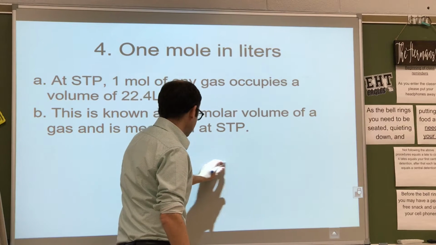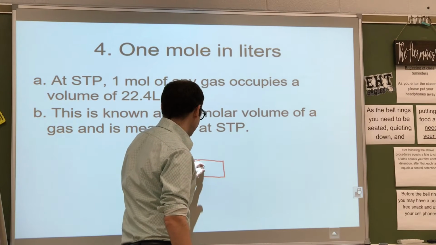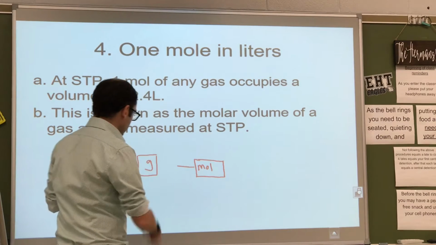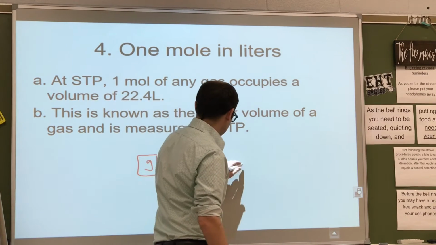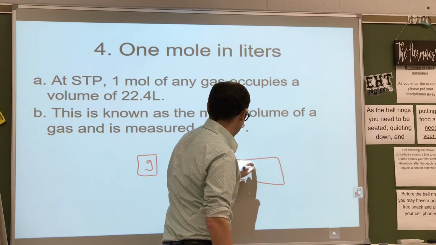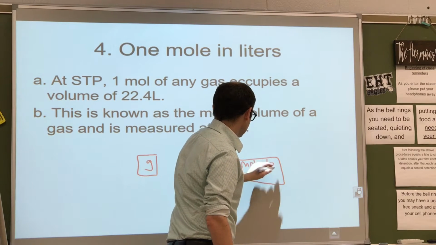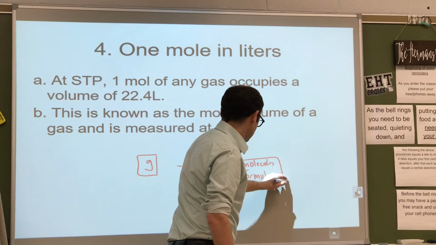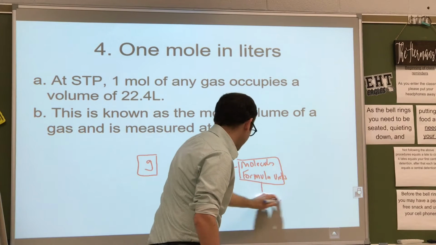All right. So as long as we're at STP, in this whole chapter we have our mole flow chart where we had moles and grams. We had molecules with formula units. We had atoms.